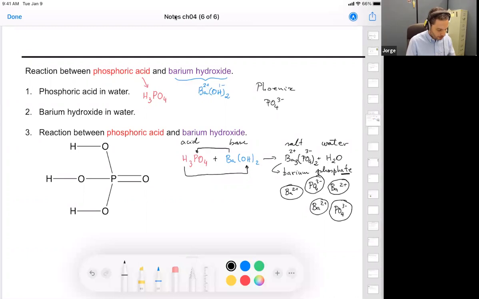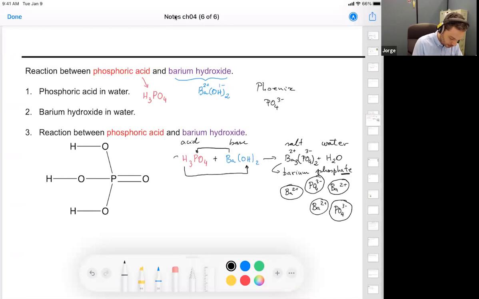Okay, so very good. So now the next step to finish up the reaction is to make sure the reaction is balanced out. So I always like to start with the negative part of the salt. That's just personal preference. You do whatever you want to do. So for the product side, we have two phosphate groups.